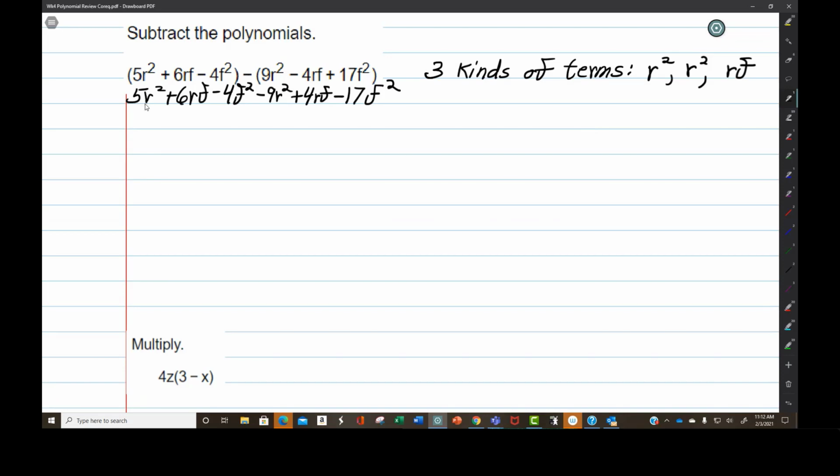All right, I'm going to combine my r squared terms. I'm going to combine my rf terms, since that's the order they have this going in.